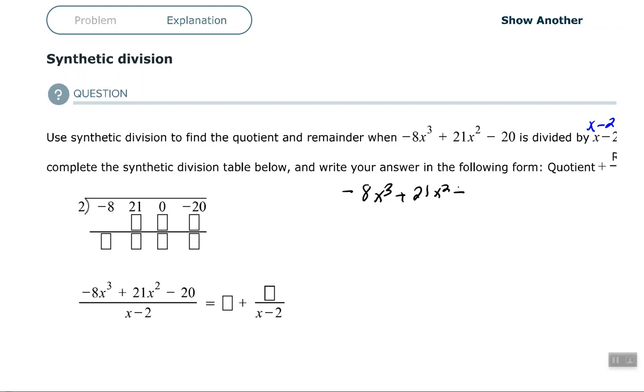We don't have x to the first power, so I'll write that in as 0x. So divided by x minus 2. Okay, so to set this up in synthetic division, again, make this bar here.